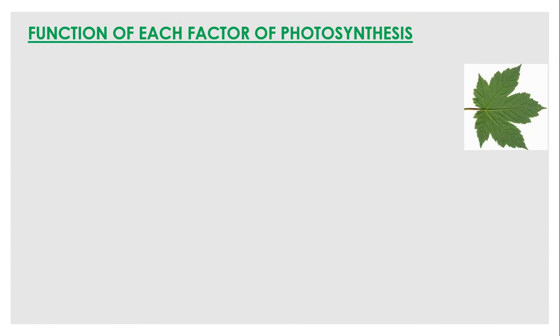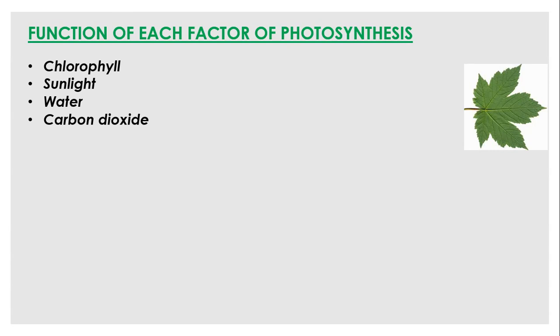Now before we start with the function of each factor, let us review the 4 main factors. We have chlorophyll, sunlight, water, and carbon dioxide. So we shall now look at the function of each of these factors.